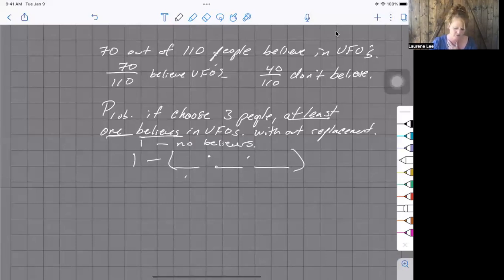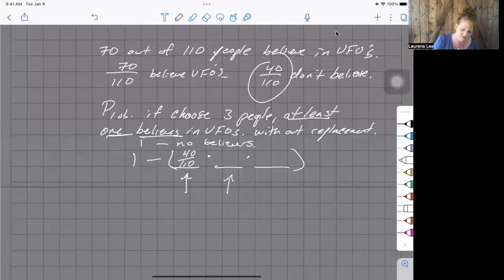So first person that I draw, I want them to not believe. That's going to be 40 out of 110. The next person I draw, I also want to not believe. Now, this is like the marble problem from the other day. I'm pulling somebody out, and so my sample size is going to change.